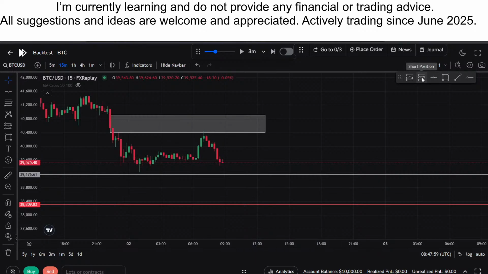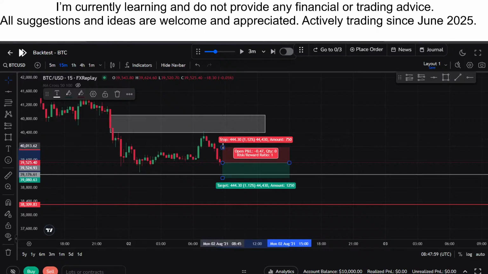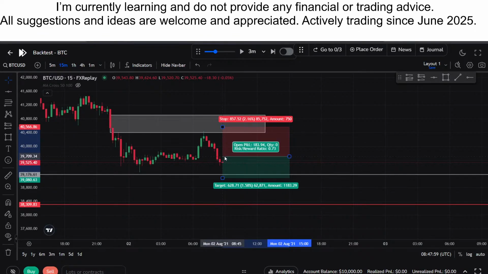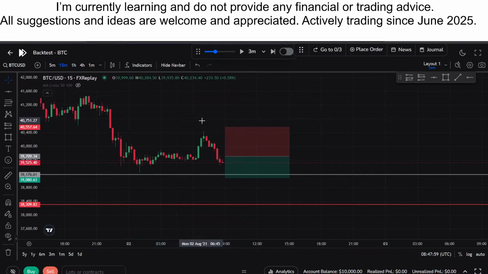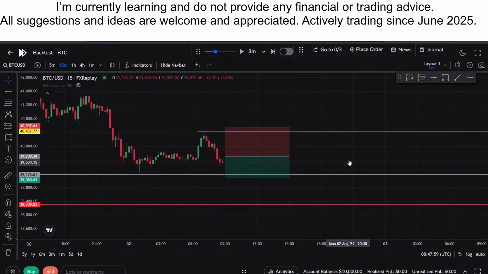Now what I am going to do is take a short position from here and put my stop loss here. This one is already mitigated, and we have created a new high.